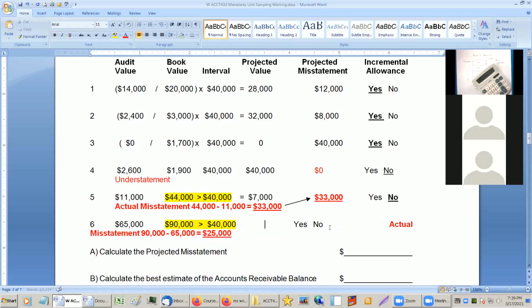Okay, so the projected value would be 15,000.